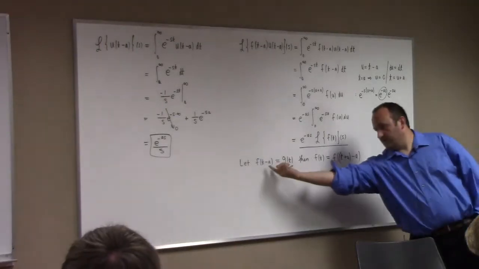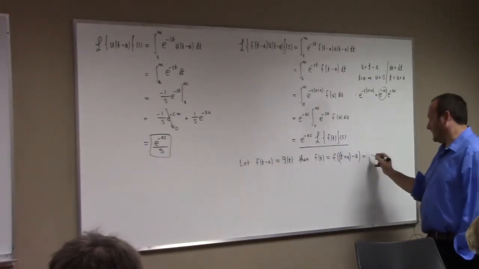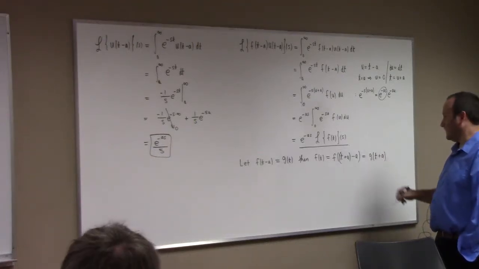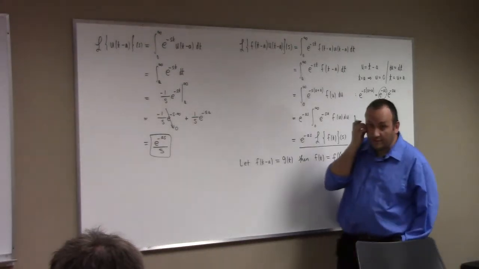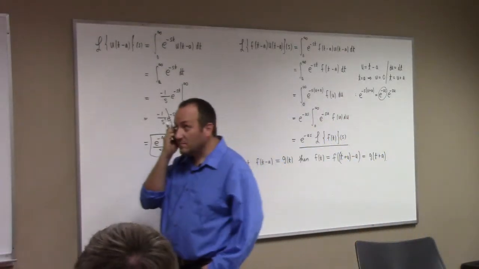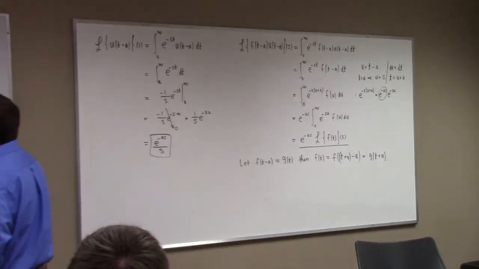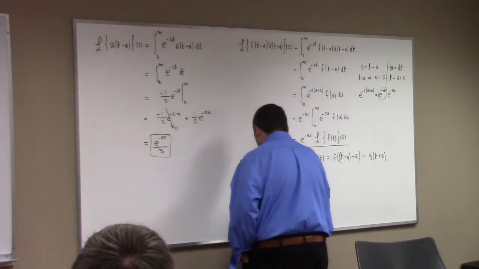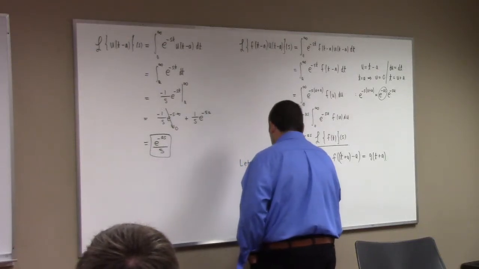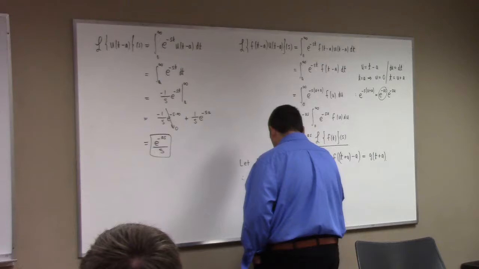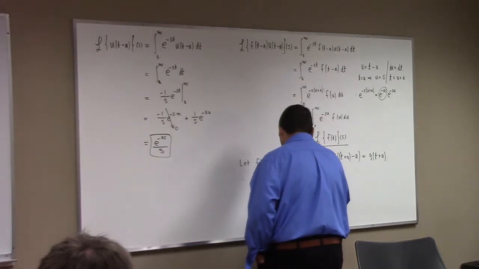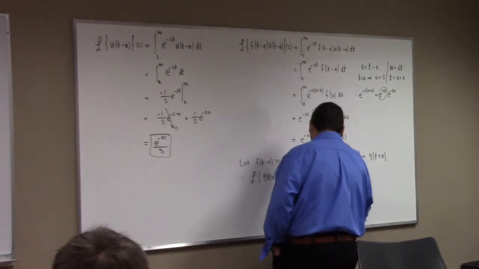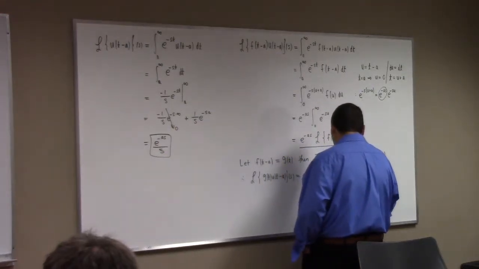Which then fits the pattern to see that that's nothing more than g of t plus a. And so equation 5 implies equation 8. Therefore, the Laplace transform of g of t u of t minus a of s is equal to e to the minus as times the Laplace transform of g of t plus a.